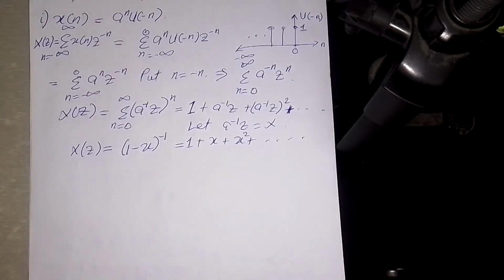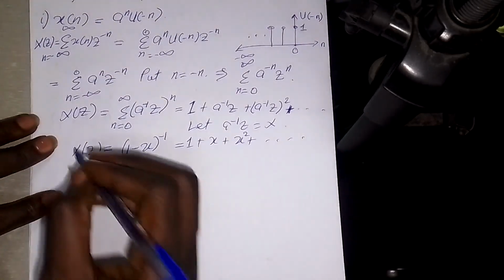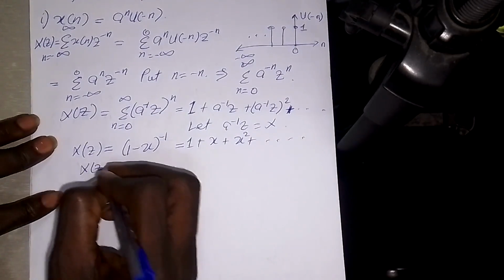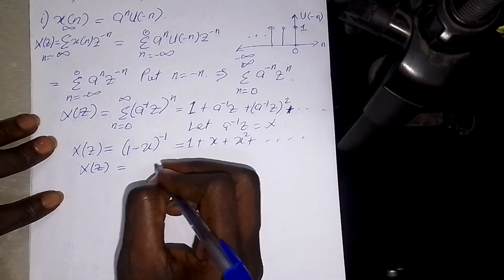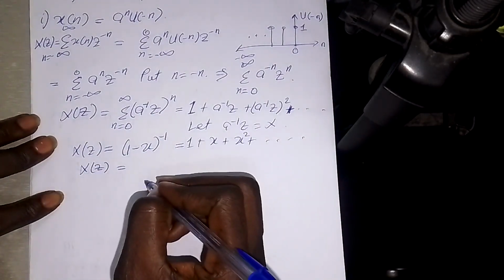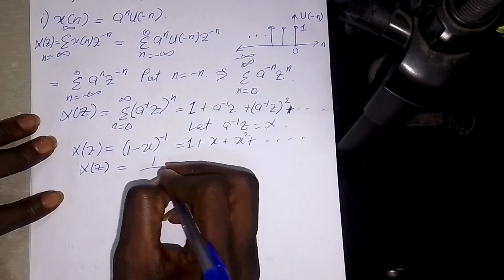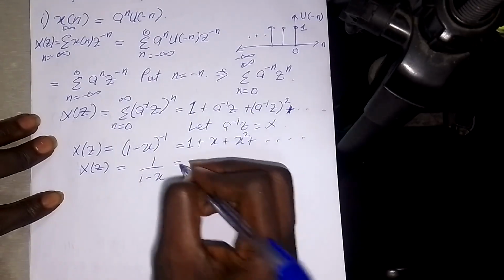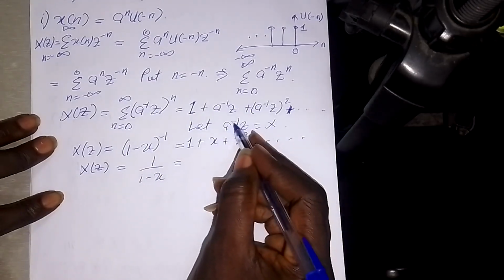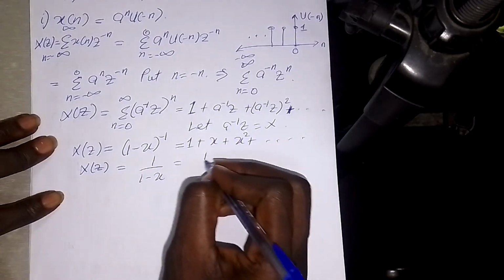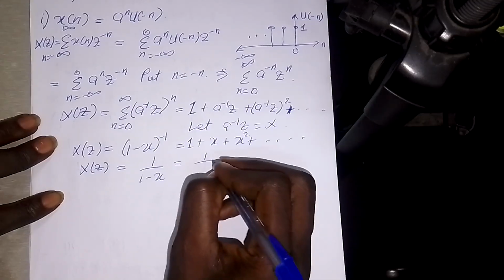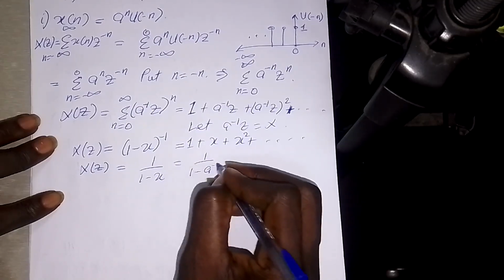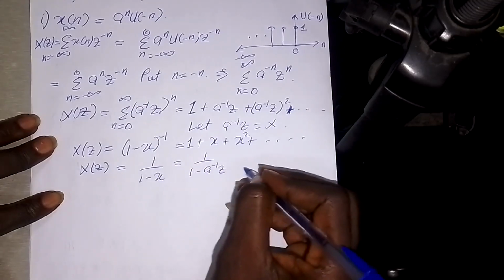So your X of z is going to be equal to 1 over 1 minus x. But you know that x is a exponent minus 1 z, so it is 1 over 1 minus a exponent minus 1 z.